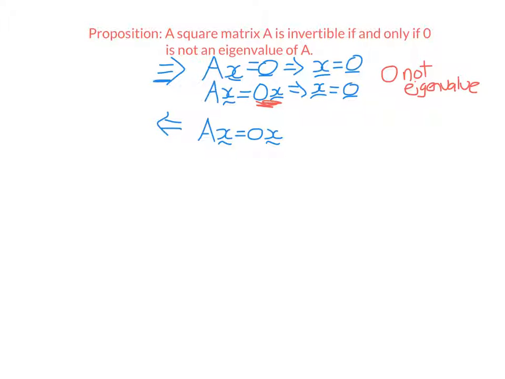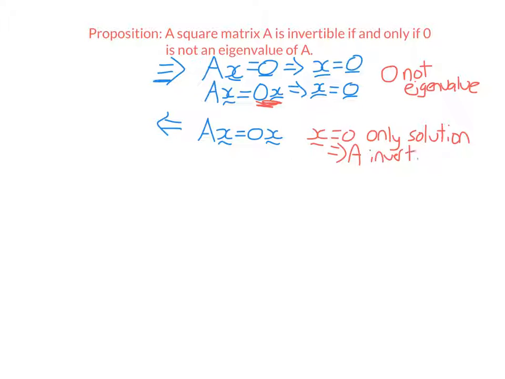We know, however, that x equals 0 is always a solution to Ax equals 0x. But if 0 is not an eigenvalue, there will be no non-zero solutions to this equation. And as we saw in the previous slide, that implies that the matrix is invertible.